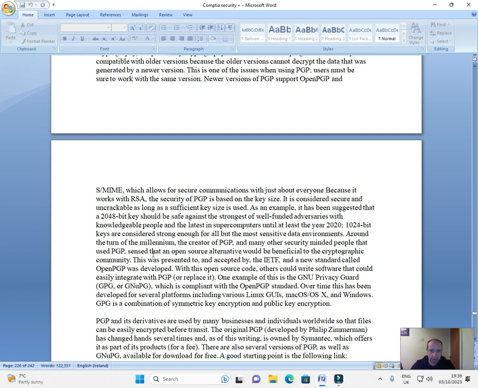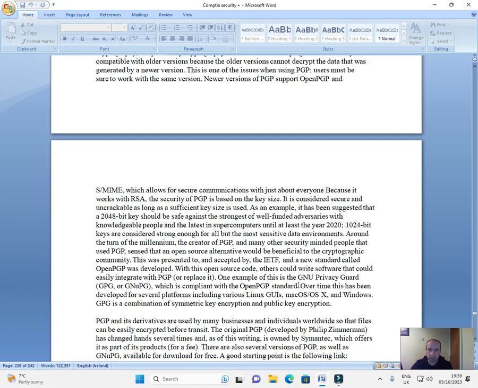Around the turn of the millennium, the creator of PGP and many other security-minded people that used PGP sensed that an open source alternative would be beneficial to the cryptographic community. This was presented to and accepted by the IETF, and a new standard called OpenPGP was developed. With this open source code, others could write software that could easily integrate with PGP or replace it.